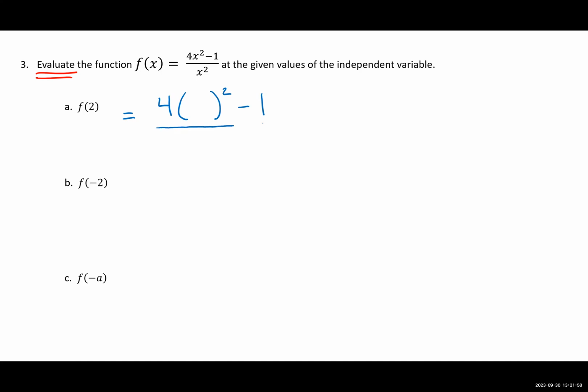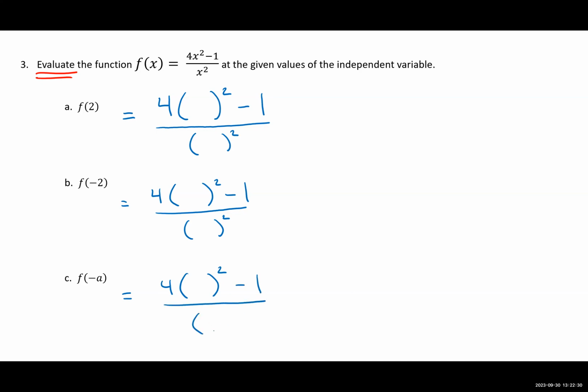Maybe we'll set them all up. So in each of these cases, right, that x, it's like a temporary placeholder. It's like an empty slot where we could put things into. Right, so in each of these three cases, we're going to take the function, but instead of the x, I'm doing 4 times something squared minus 1 over something squared. I'm just removing the x and putting in these empty parentheses.